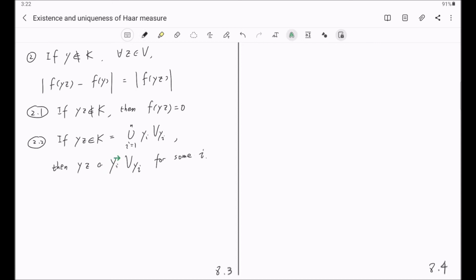And if you move y sub i to the left hand side, you get y sub i inverse times yz is in v sub yi.